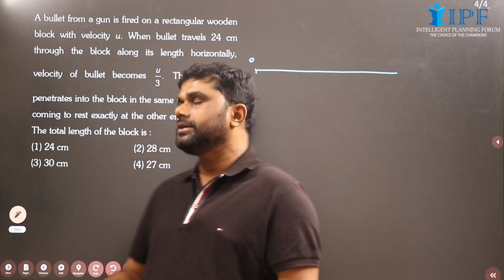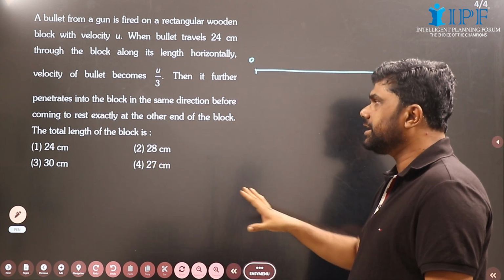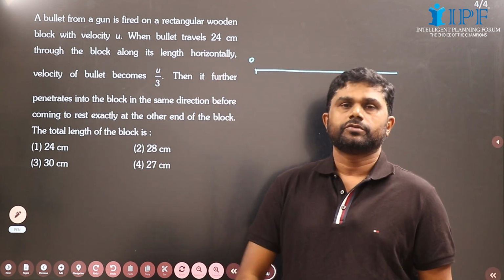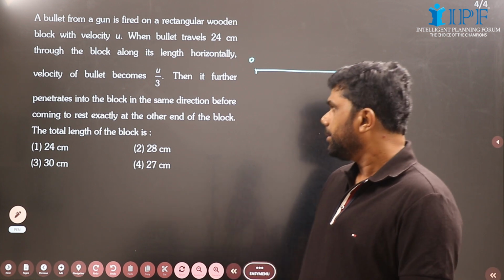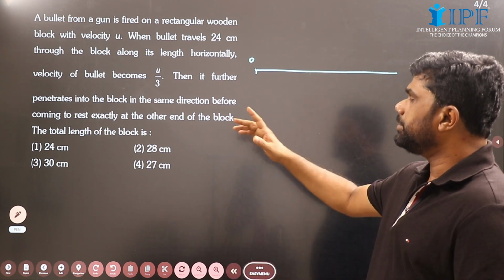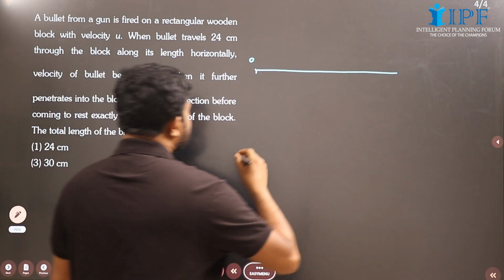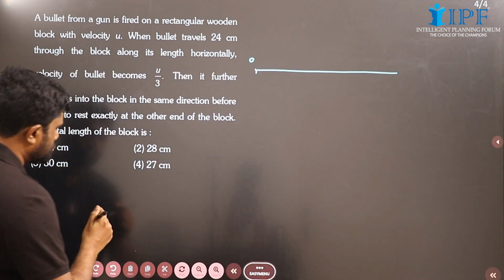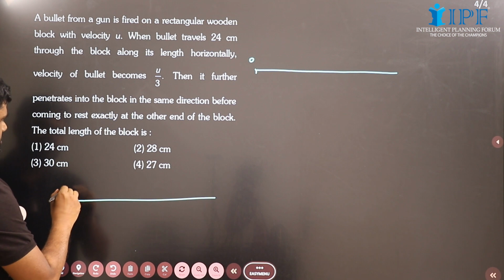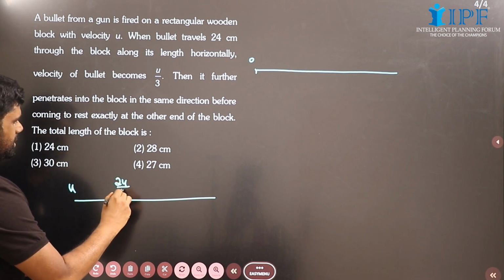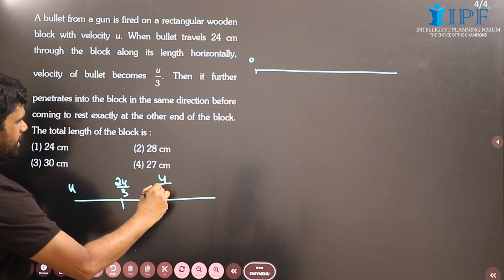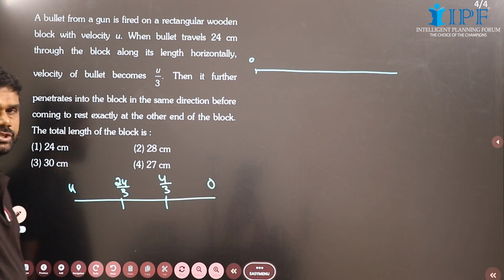If you get this idea, you can do this with no calculation, no writing. Here I will show you, here the velocity is u, here the velocity is 2u by 3, here the velocity is u by 3, and here the velocity is 0.